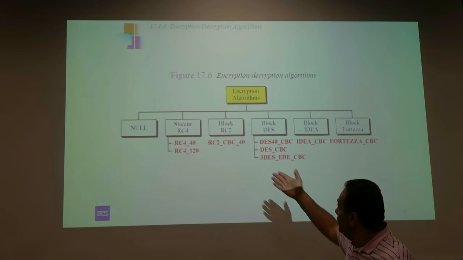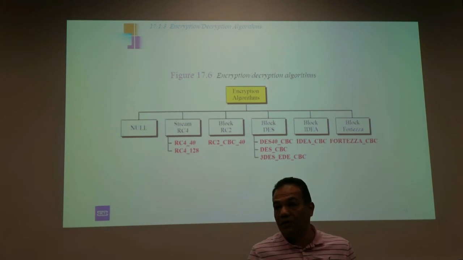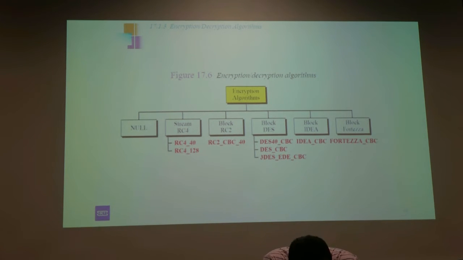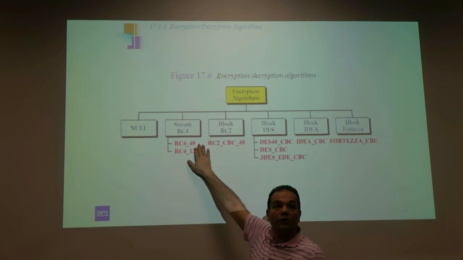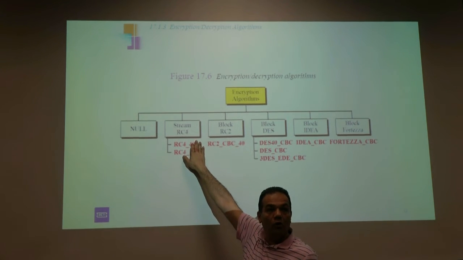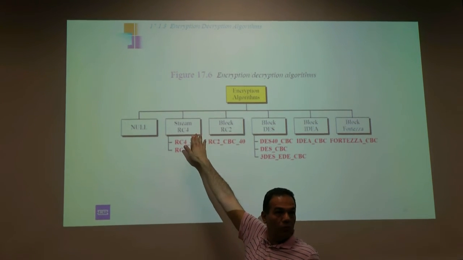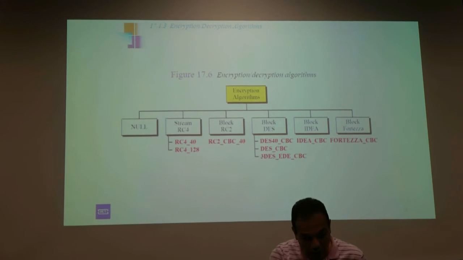In here, the null cryptography simply defines the lack of encryption and decryption. The data is not encrypted. Then you have stream RC4, where 2 algorithms are defined, the 40-bit key and the 128-bit key. Is RC4 safe anymore? No. We said when we were talking about it that it's not secure anymore.